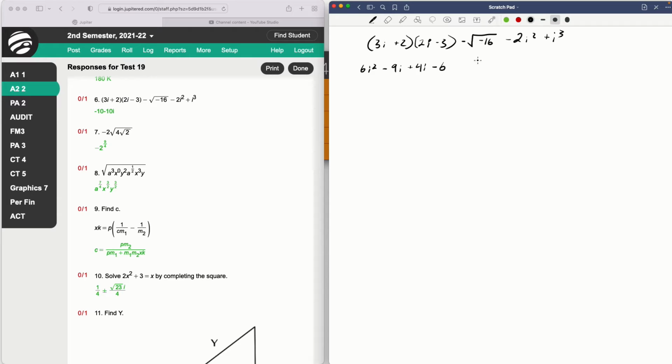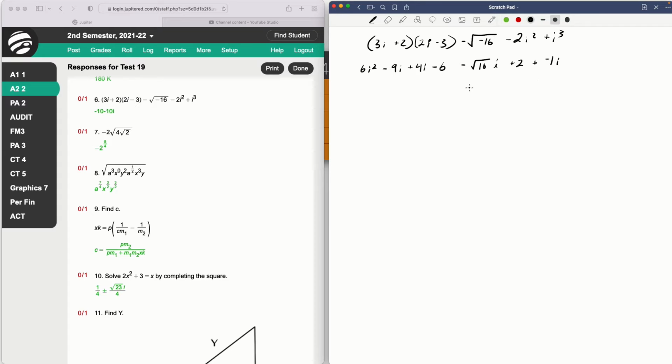So we take the negative out of here, so we have negative 16i, and then i squared is a negative 1. Negative 2 times negative 1 is a positive 2. And then we have plus negative 1i, because i squared is negative 1.